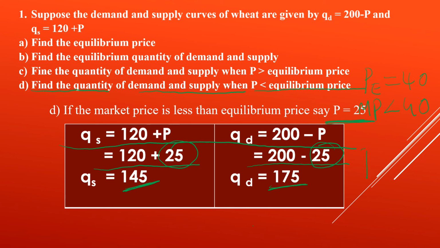We know when price is less than equilibrium price, demand is more and supply is less. Therefore, the quantity supplied is less than the quantity demanded.